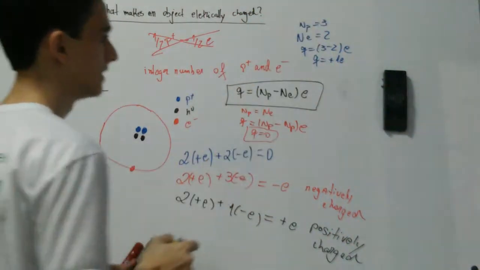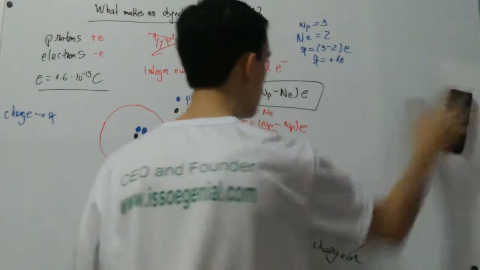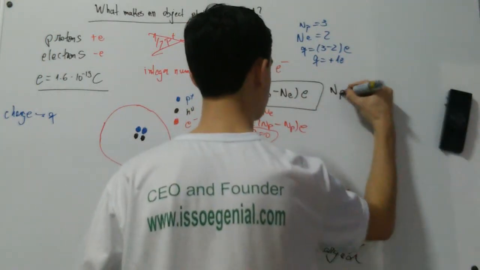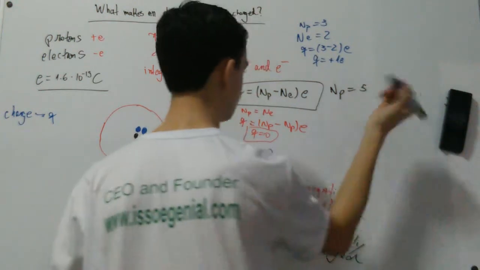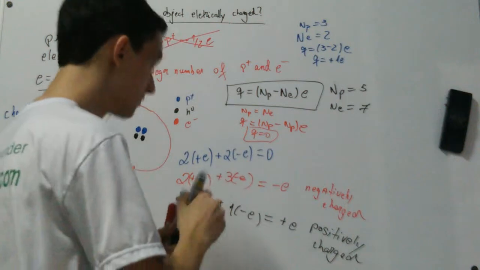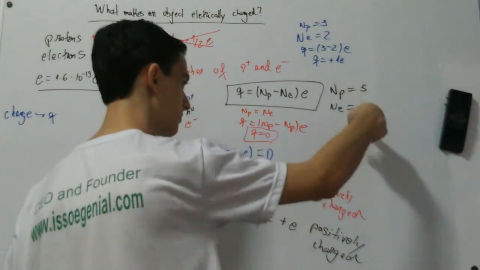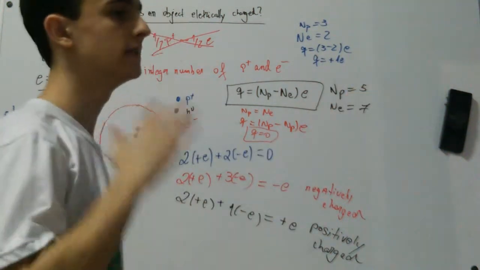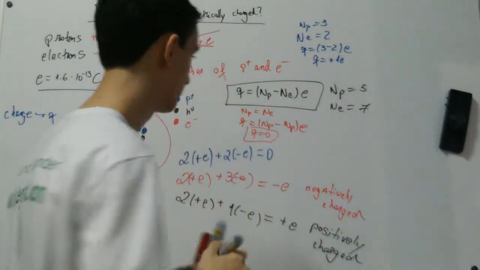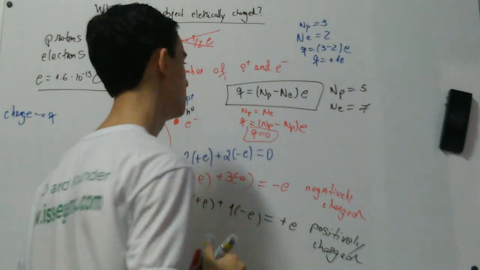And the last example, imagine you have more electrons than protons. Let's say the number of protons is equal to 5 and the number of electrons is equal to 7. So now we have more electrons than protons. The electric charge has to be negative, because you have more negative charges than positive ones.